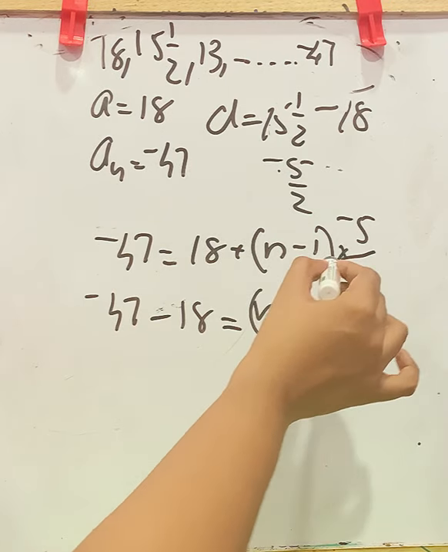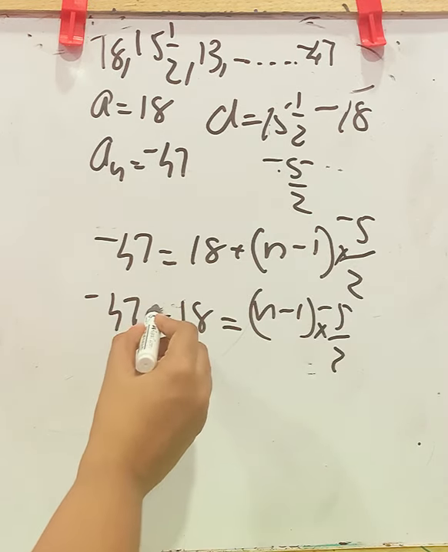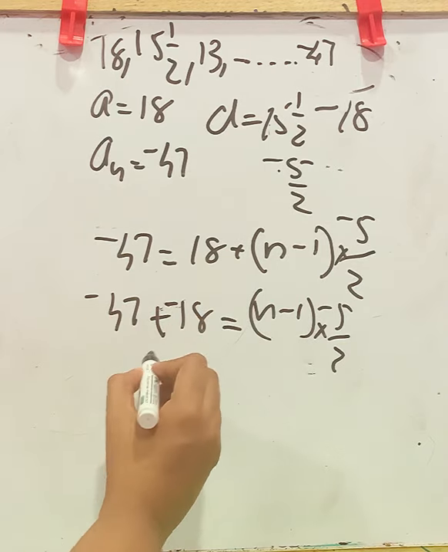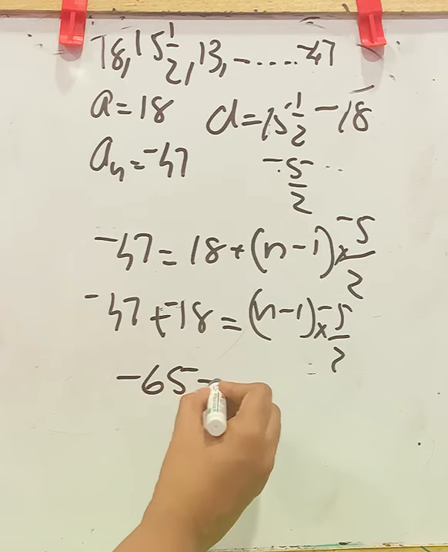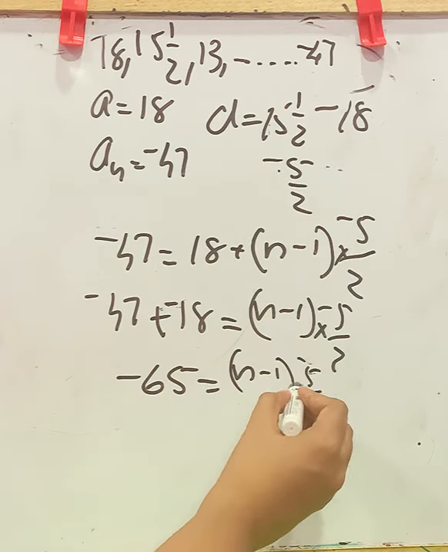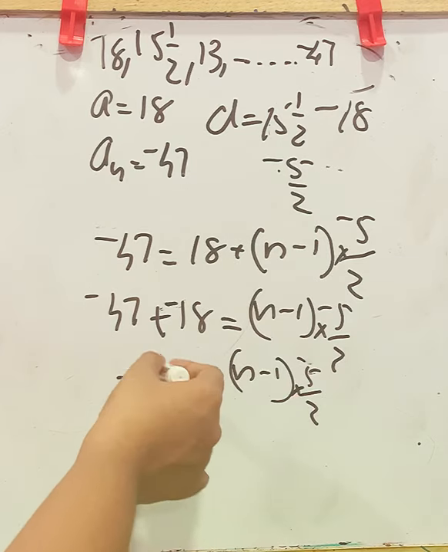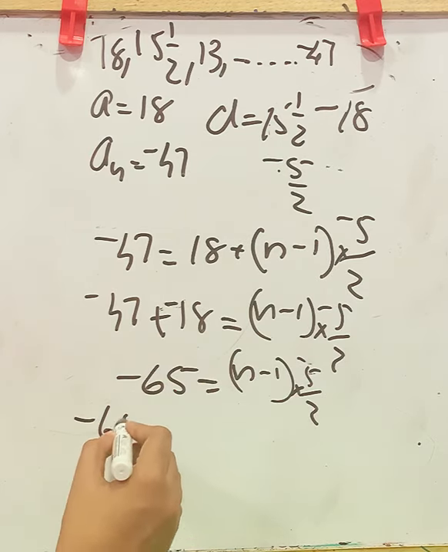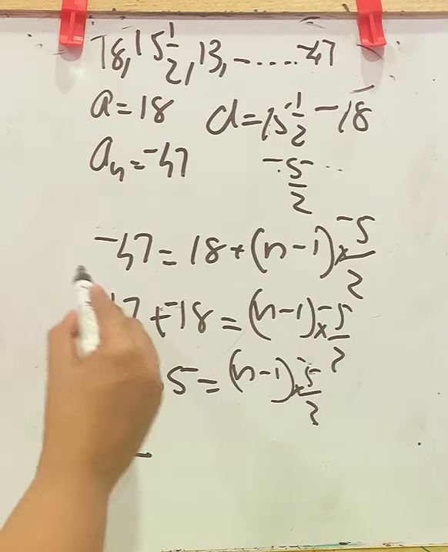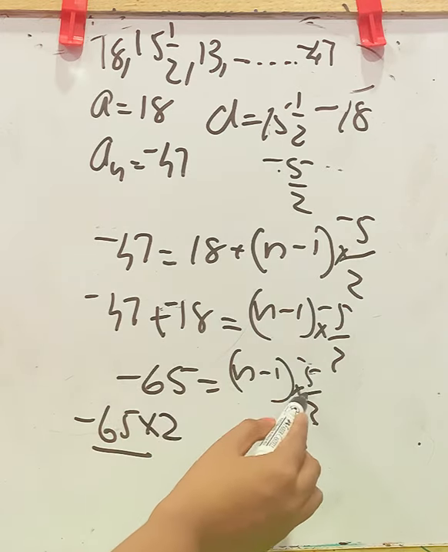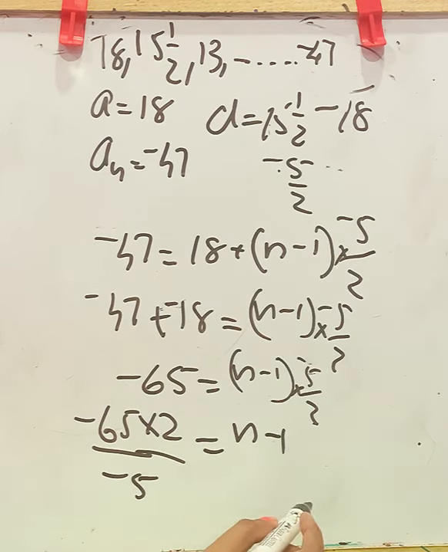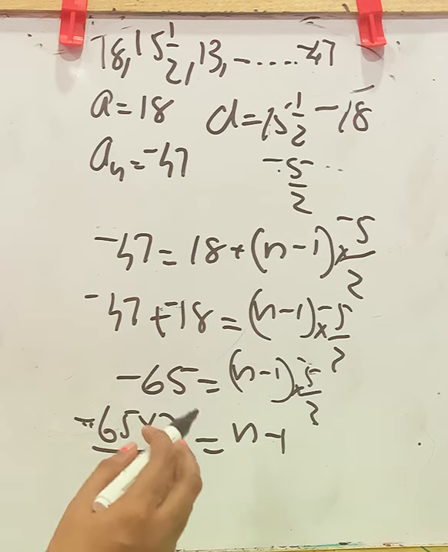So negative 47 plus minus 18 is negative 65 equal to (n minus 1) into negative 5 by 2. Take this negative 5 by 2 to the side. So negative 65 by, here this 2 goes to numerator and negative 5 goes to denominator, equal to n minus 1. Negative division negative, it becomes positive.